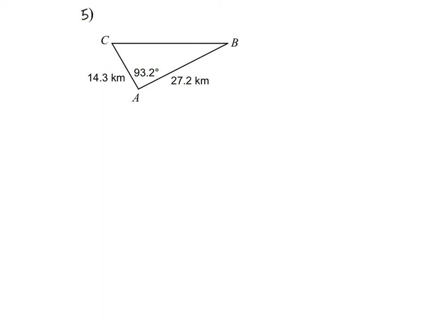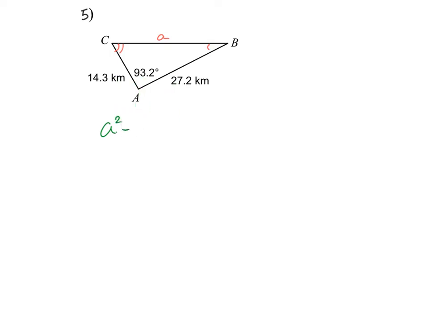Okay, so number 5, again, I'm going to start by finding A, right? Then I'm going to find angle B and angle C. So again, for A squared, I can use the law of cosines because I have the other two sides and the angle.